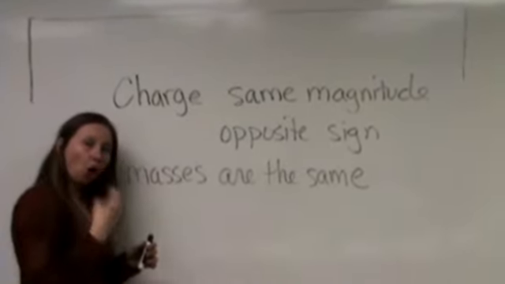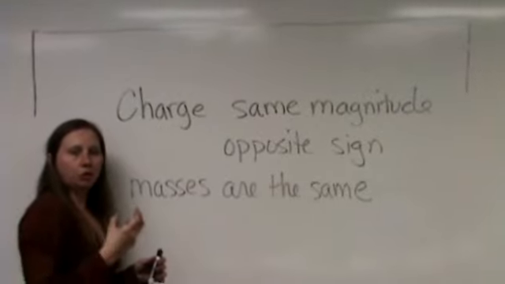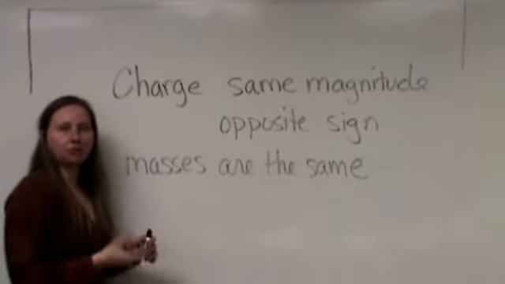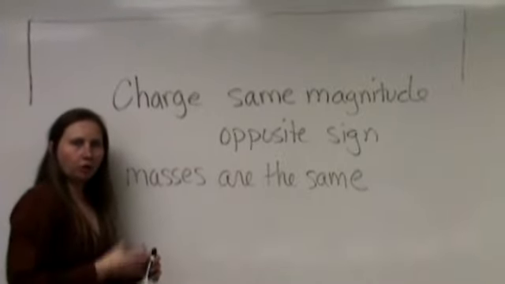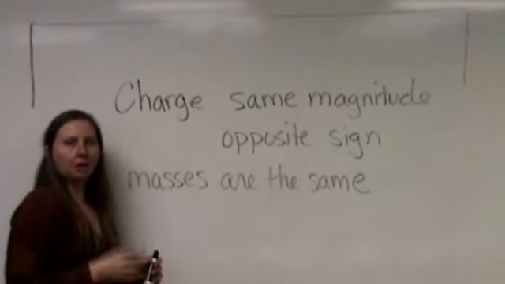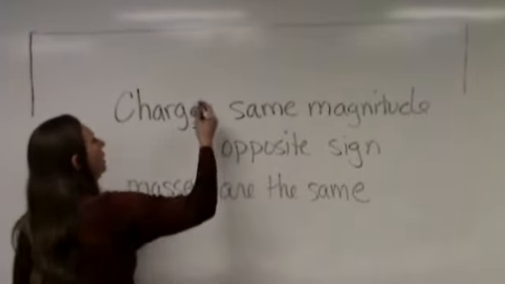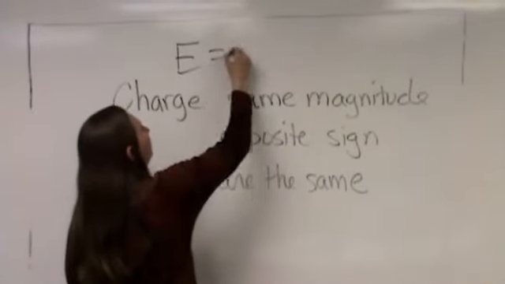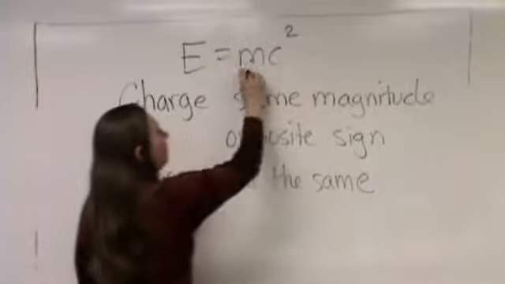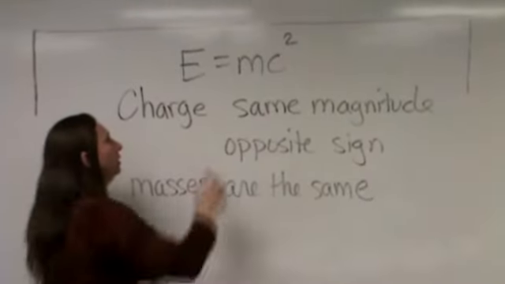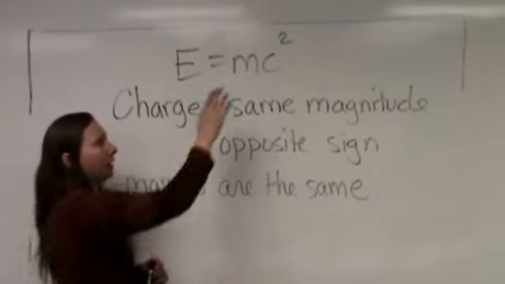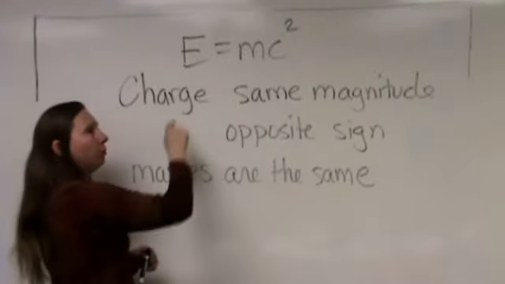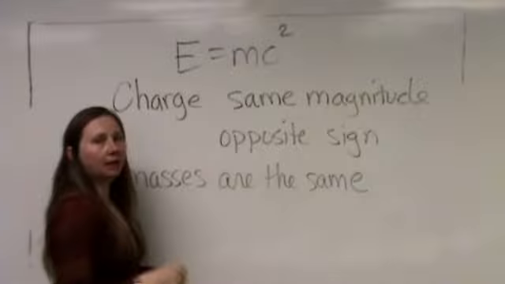You take their total mass, which usually means just doubling the mass of one of them, take that total mass and convert it to energy. Make sure when you plug into E = mc² that your mass is in kilograms. Your energy will come out in joules. If you put in energy, you're going to get out mass. Make sure you put joules in. You'll get kilograms out.